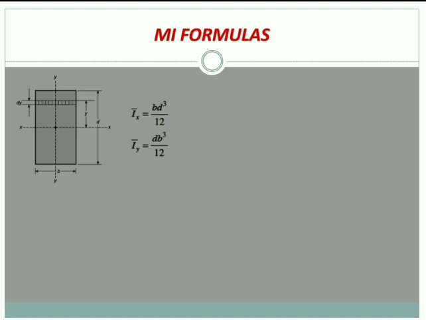Now one thing to remember here is that whichever element is perpendicular to the axis under consideration, that will be the cube. For example, when you are writing Ix, that is the horizontal axis, the perpendicular side is the vertical side, that is depth. So its cube we are taking.